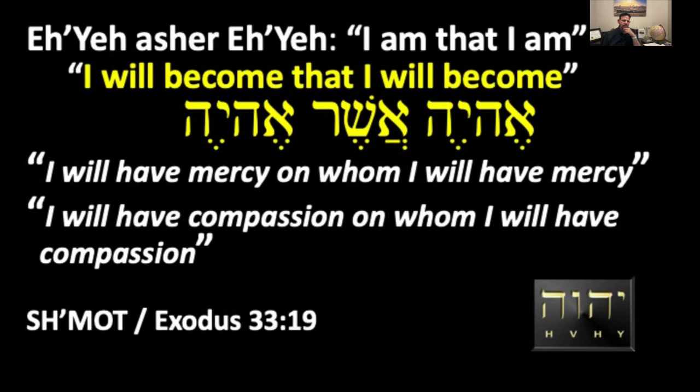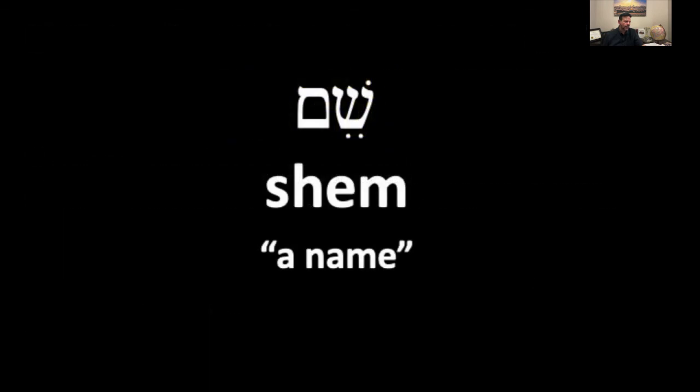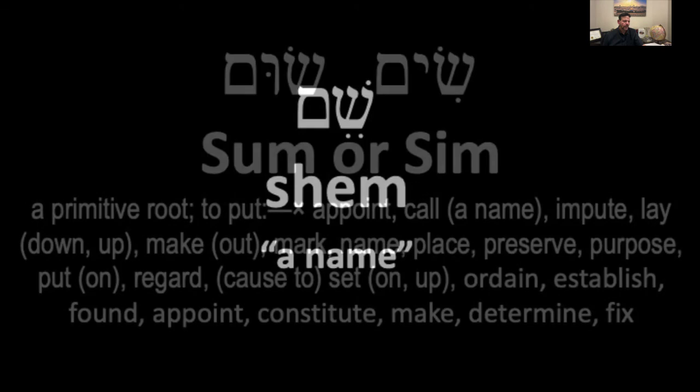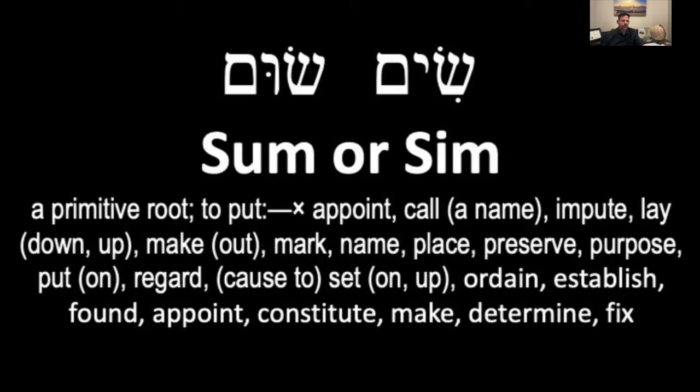And is very similar to the statements in Exodus 33:19. I will have mercy on whom I will have mercy, and I will have compassion on whom I will have compassion. Now going back to the word Shem, the actual root connects to the word Sum, or another form would be Sim, like the famous Sim Shalom.